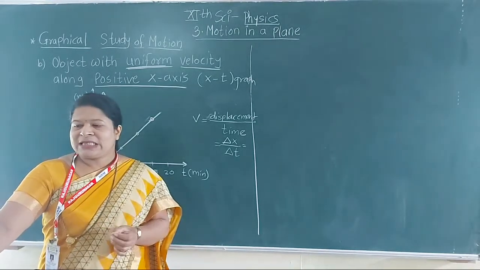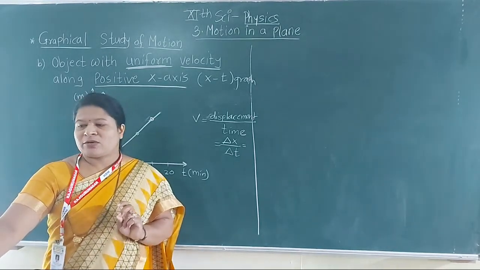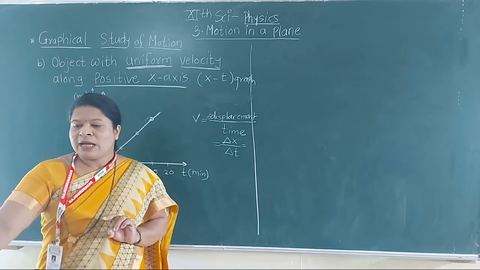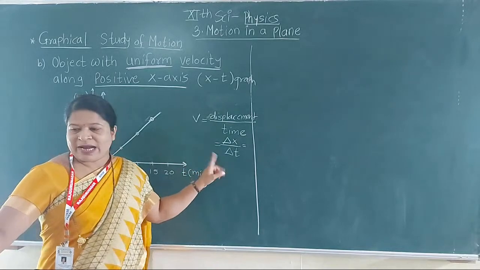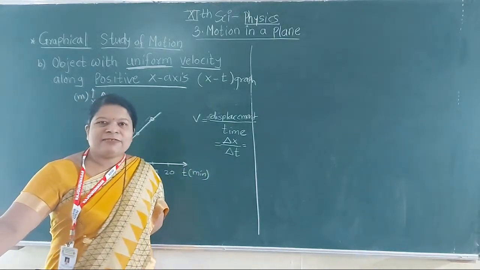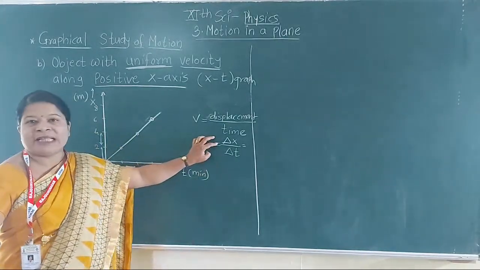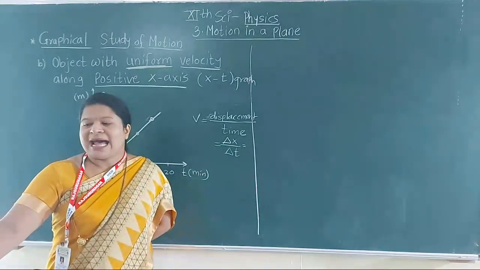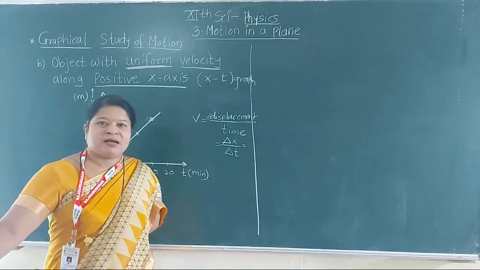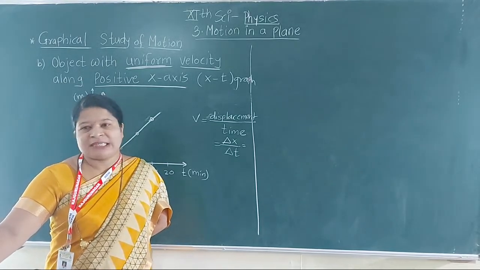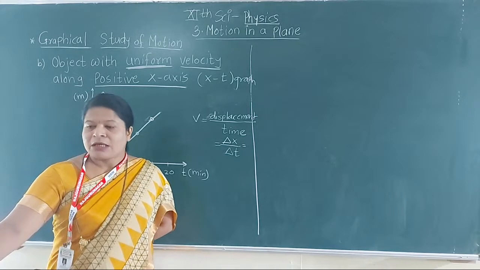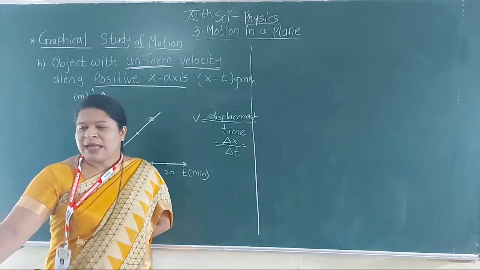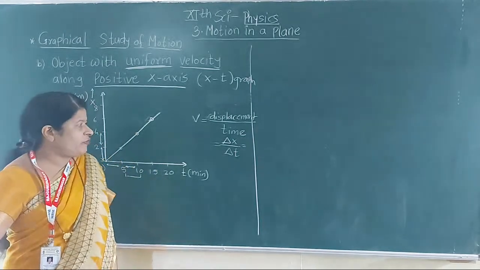Therefore, the graph is a straight line with positive slope, and delta x divided by delta t, that is change in position, delta x, with respect to the time in which the change takes place. Delta x divided by delta t, and the slope is constant, and it gives the average velocity.